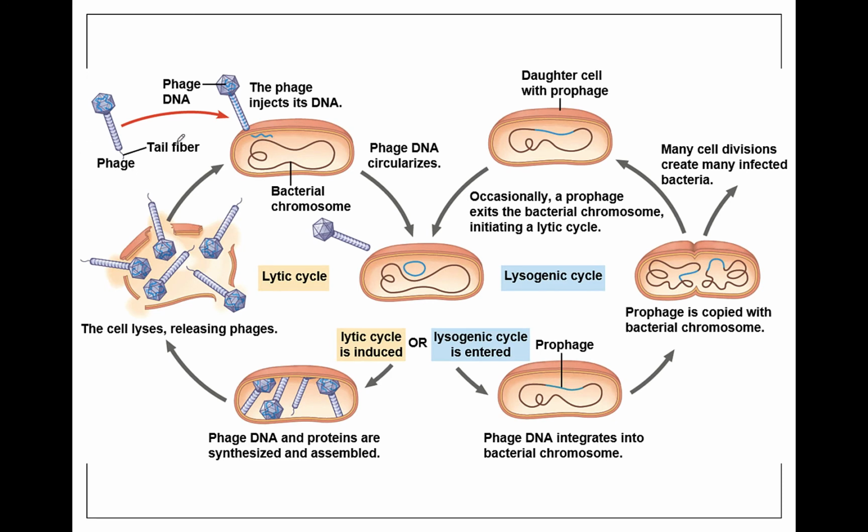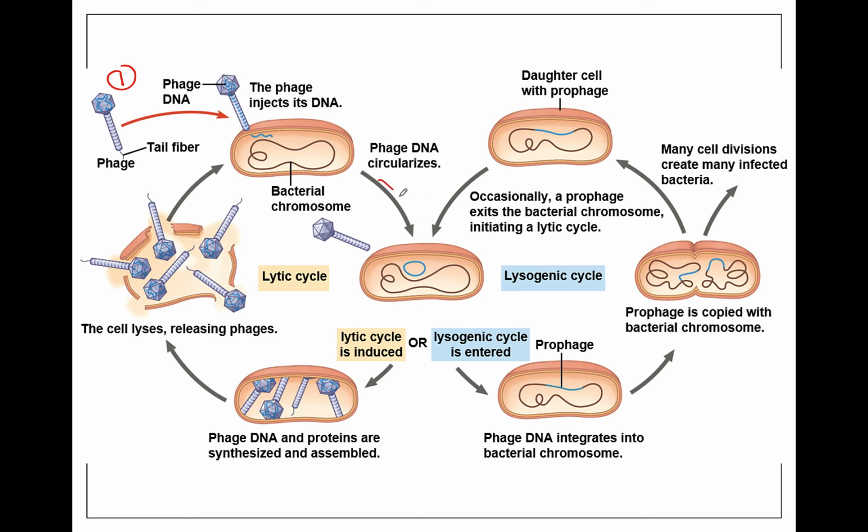All right, so let's follow the pathway of the lysogenic cycle. So we're going to start up here. Our starting point is right here, where the phage is going to infect the DNA into the host cell. If it's lysogenic, it may or may not destroy the host cell DNA right away.